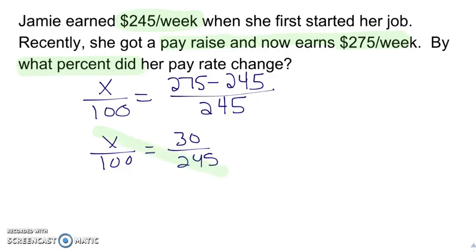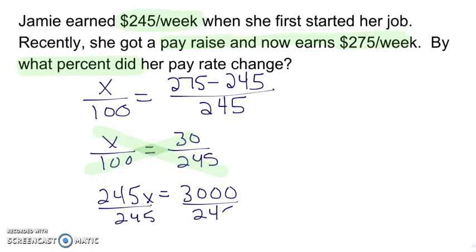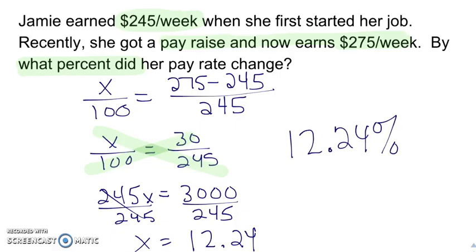To continue, we're going to cross multiply and solve using algebra. 245x equals 3,000. Divide both sides by 245. This cancels out. 3,000 divided by 245 gives us, rounded to the nearest hundredth, 12.24. This is a percent, so 12.24 percent, it's positive, therefore it is an increase.